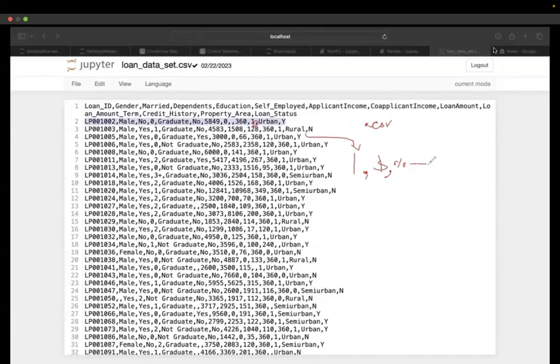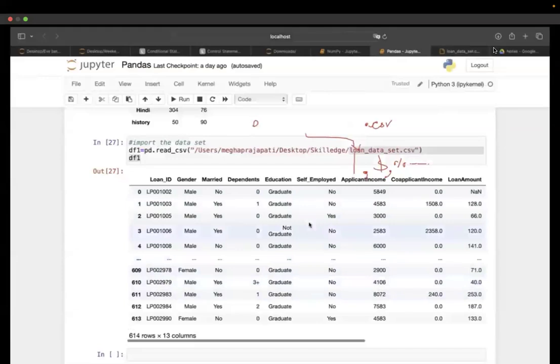So the extension of the file is comma separated value, but inside that file the separator could be any special character. In that case, if you import that data set the normal way we have done before, it is not going to convert your data into the tabular format.